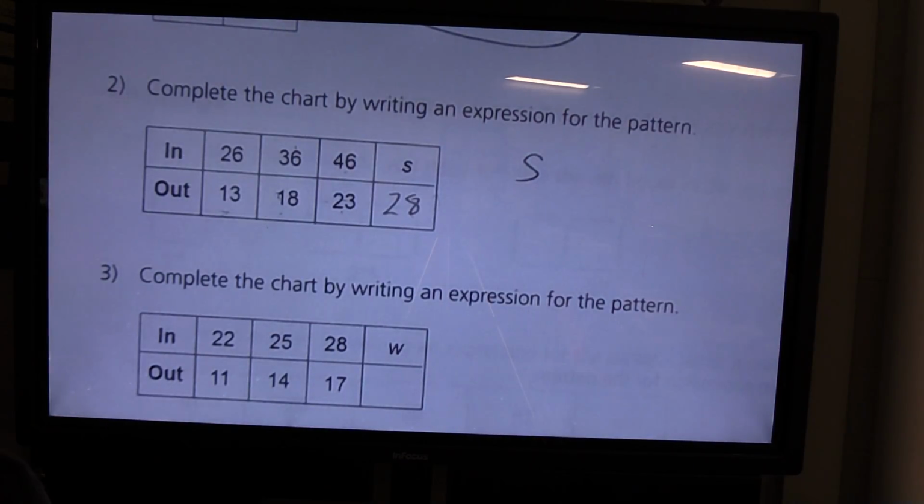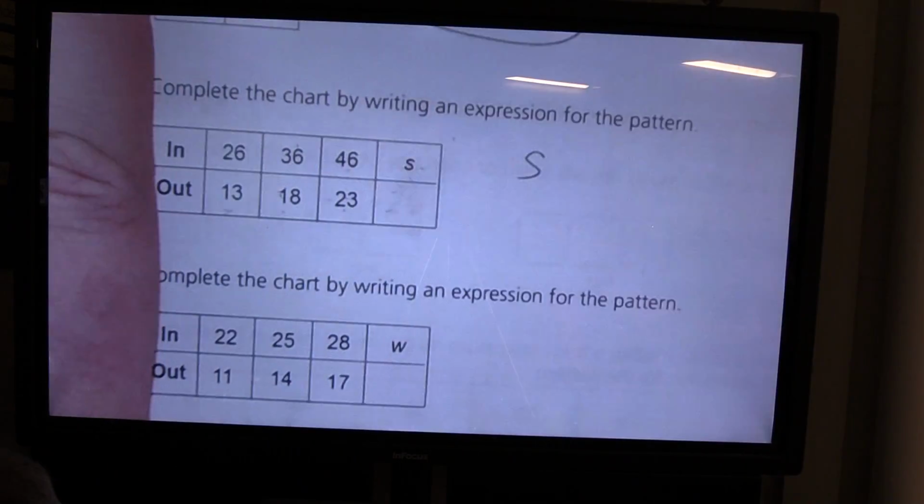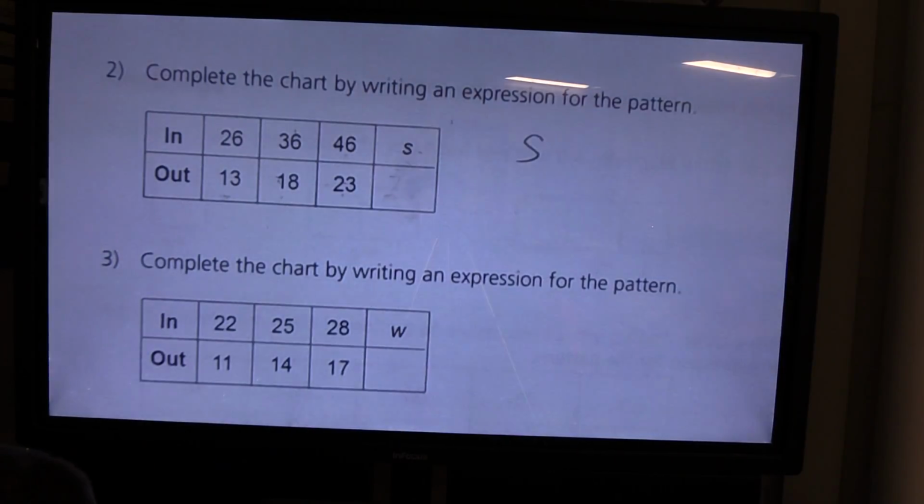We're not going to make S a multiple of 28. I'm going to take this value right here and erase it, because let's say it's not 28. Let's say it's anything, it's blank. We just want to know what do we do to S in order to figure out what goes in that blank spot. All right, I'm going to go over to Ryan.